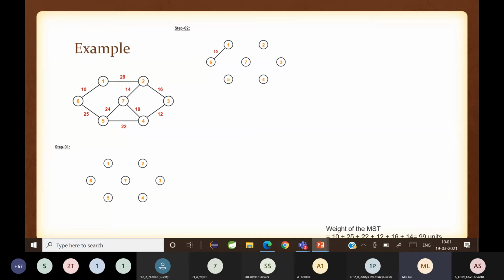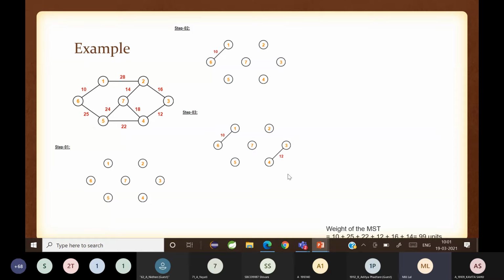We have sorted the edges and we select the edges as per their weight in ascending order. So first we selected 10, and among all the edges, which is the next smallest? 12.